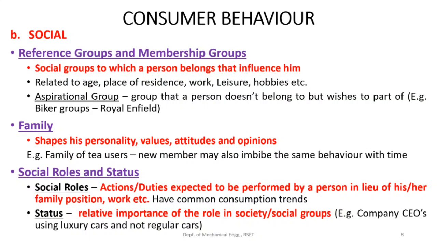For example, a person who is the head of the family, the father, has the social role of a father. So, fathers usually are united by certain common consumption trends.